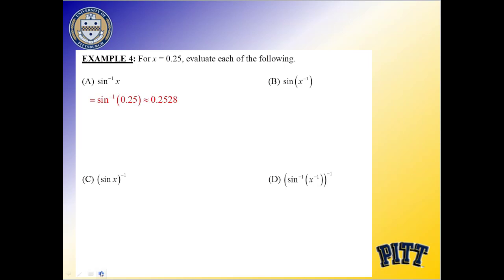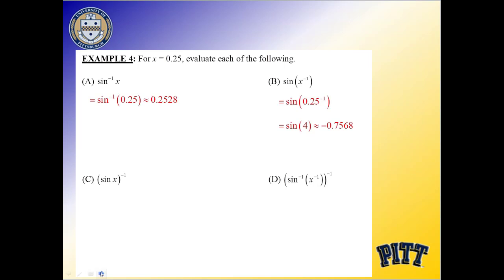When I do the sine of x to the -1, or 0.25 to the -1, that means take a reciprocal of that. So the reciprocal of 0.25 is 4. The sine of 4, and if we're not told degree measure, we're assuming radians, is going to be -0.7568. So two totally different answers.